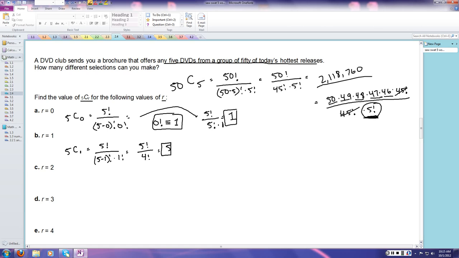So expand this out a little bit more. This would be 5 times 4 factorial over 4 factorial. The 4 factorials cancel, and your answer here would end up being 5.